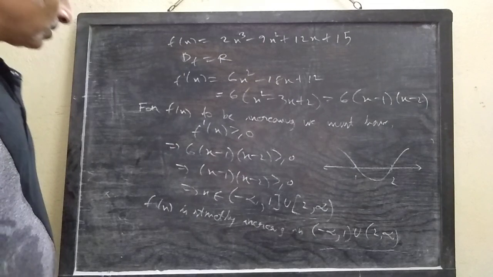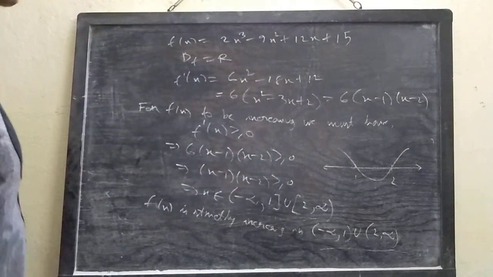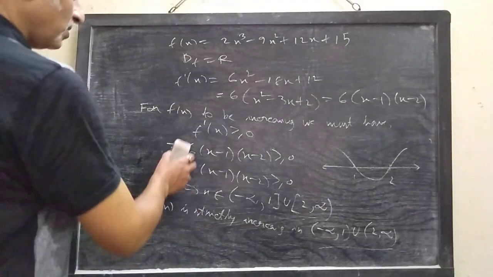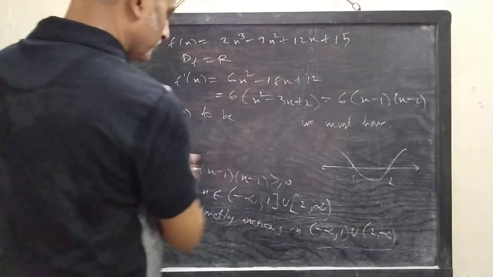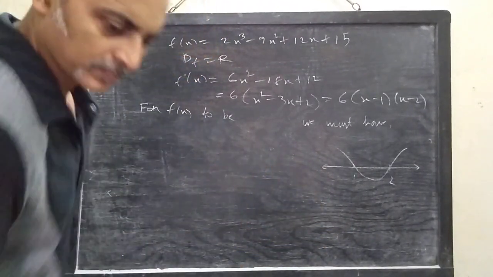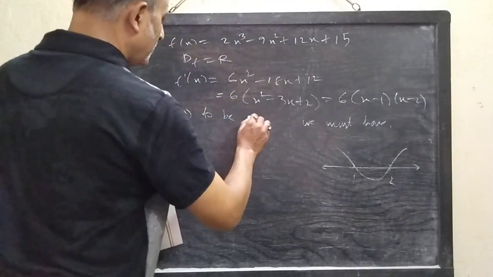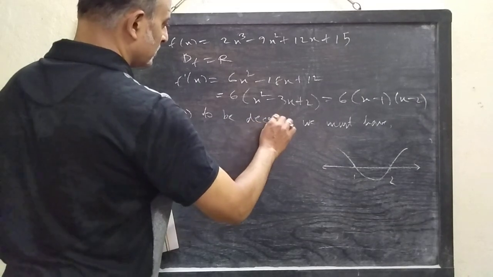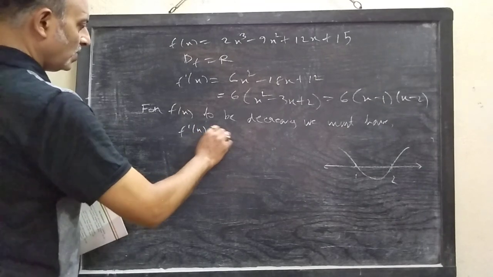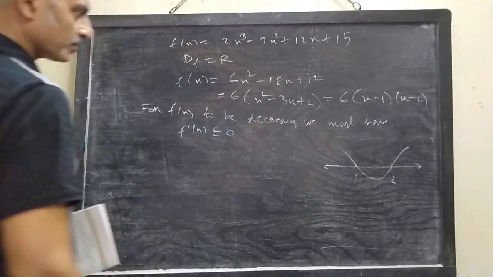Next, if we are to find the intervals where the function is decreasing, we must have f dash x lesser equals 0.